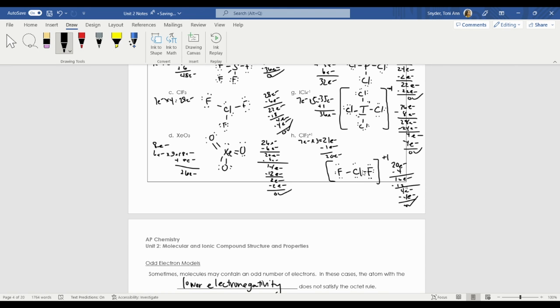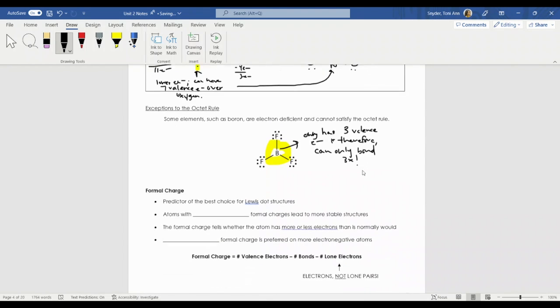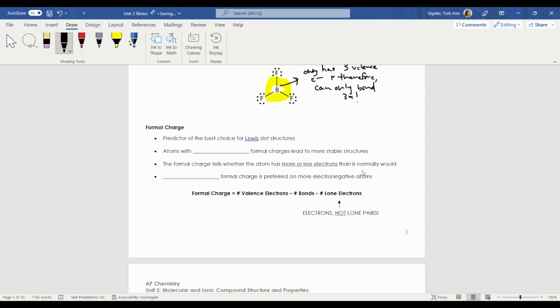And it's all based on something known as formal charge, right? So when we are drawing these Lewis dot structures, we also have to familiarize ourselves with formal charge. And this is going to help us predict the best choice for Lewis dot structures. So at this point, you might be between a couple of Lewis dot structures.